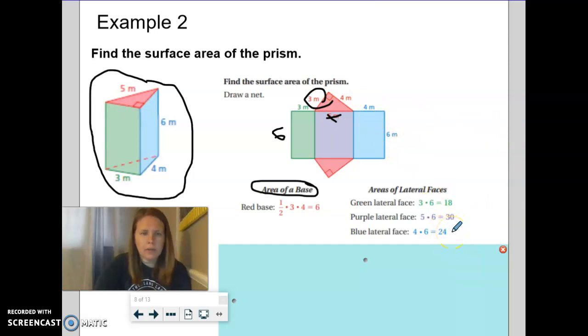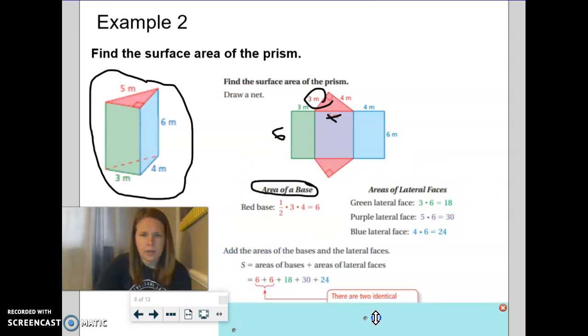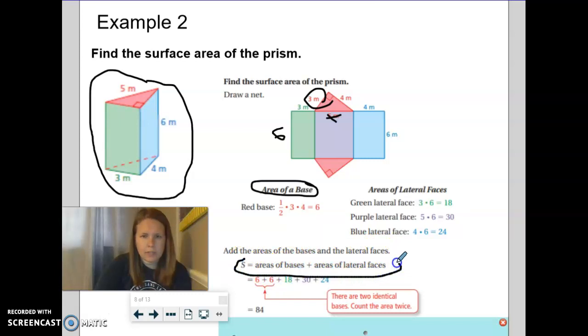From there, then, you can add all these up together, okay? But the thing to remember, and what gets a little tricky, is add the area of the bases and the lateral faces. So again, here was that basic formula you're going to want to use. The area of the bases. Remember, there's 2 bases. I only found the area for one of them. So they're adding 2 6s because there's 2 identical bases.